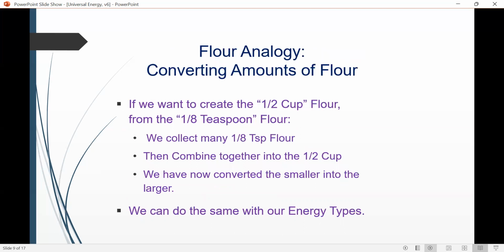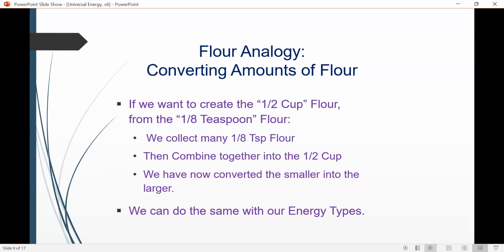So with our flour analogy, if we want to create half a cup of flour and all we have are 1/8 teaspoons of flour, then what we'll do is collect all these 1/8 teaspoons. We've got these 1/8 teaspoons of flour lined up all over our kitchen table, tons of them.